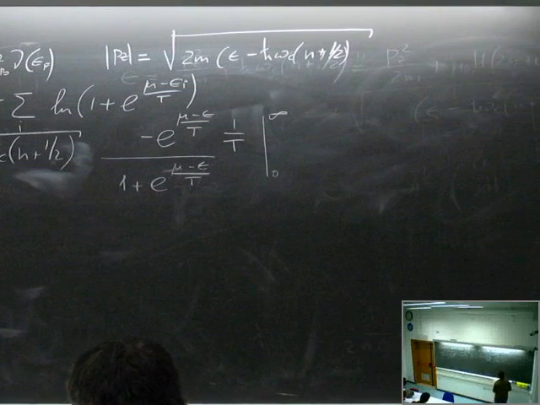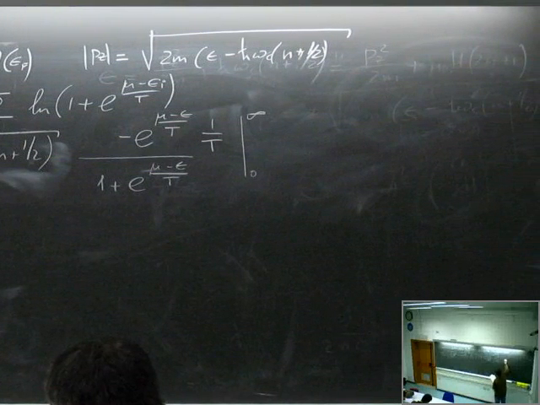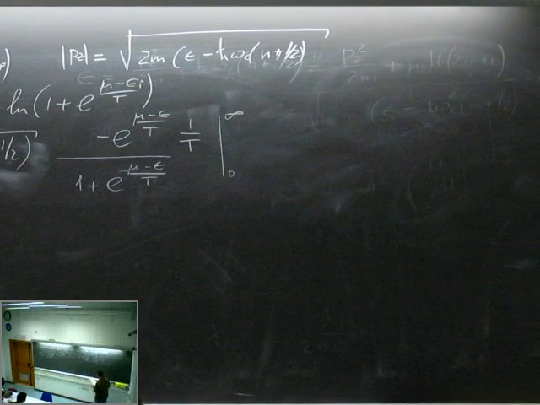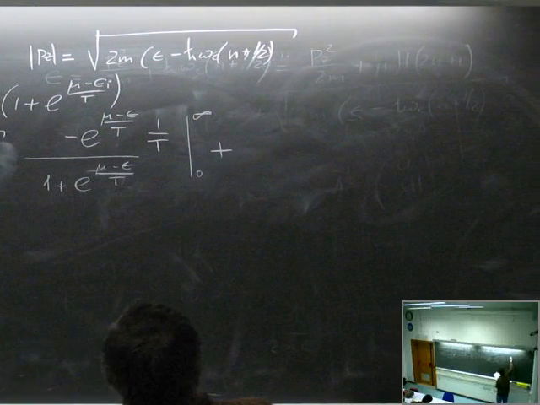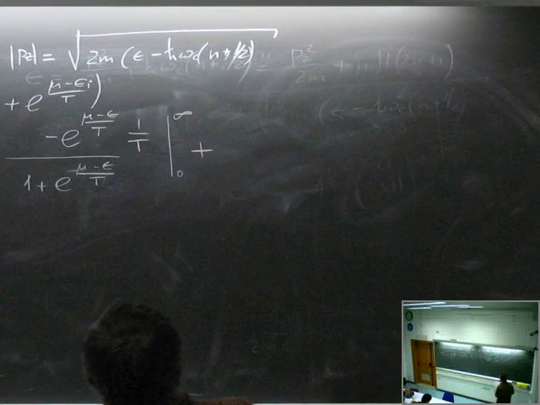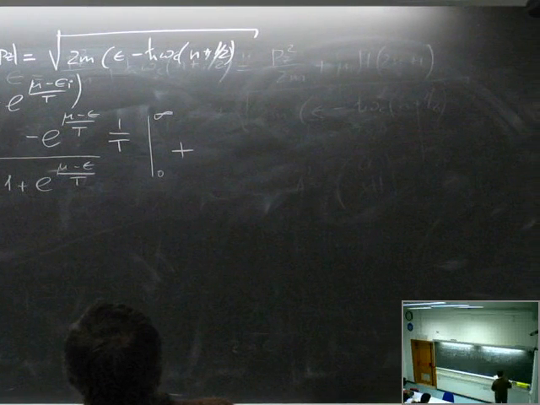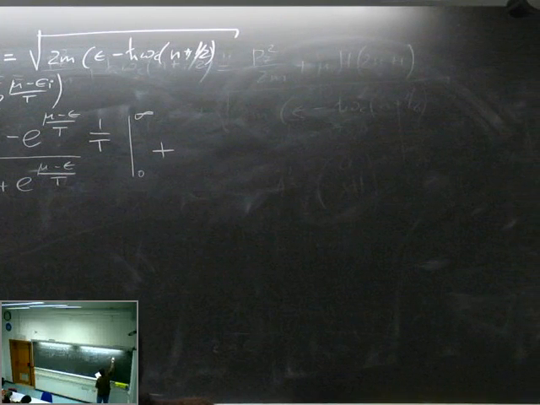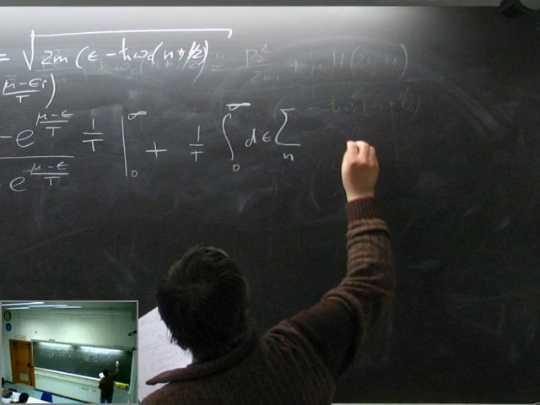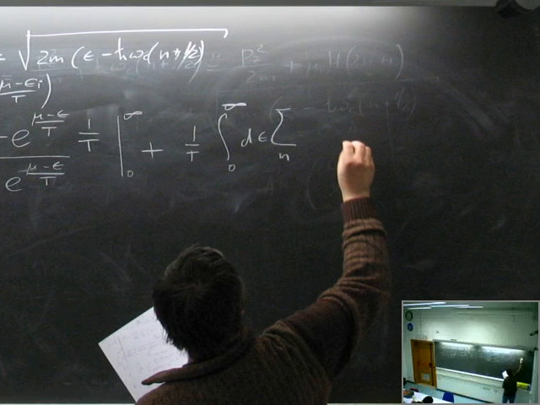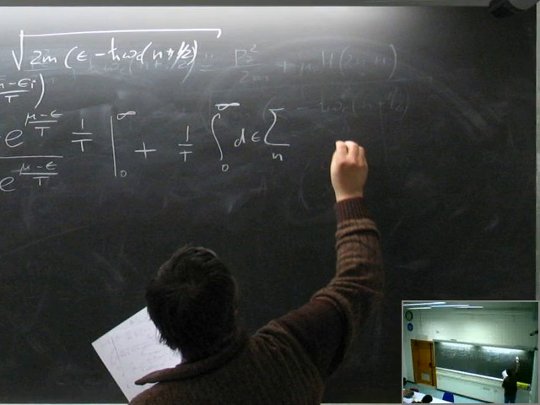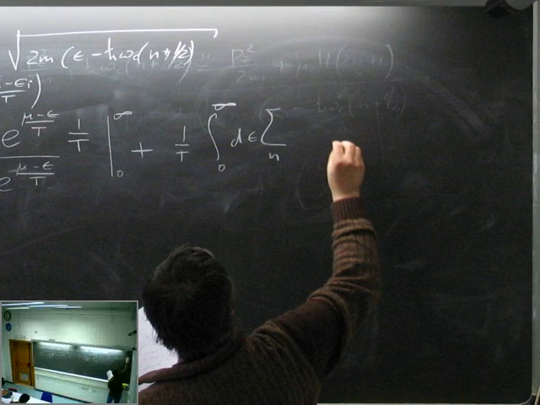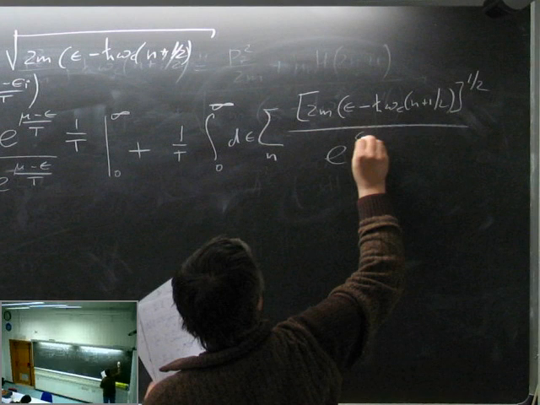Minus, and I will put plus. Here you recognize a Fermi distribution function, 1 over T, integral from 0 to infinity. Now I have to put d epsilon, sum over n, 2m times epsilon minus h omega_c (n plus 1/2) to the power 1/2, divided by e to the power (epsilon minus mu) over T plus 1.